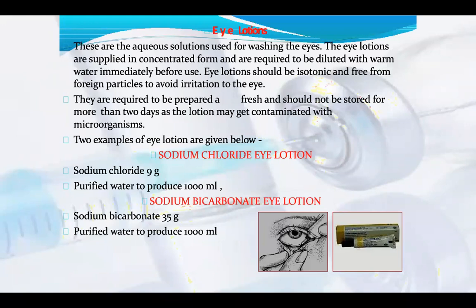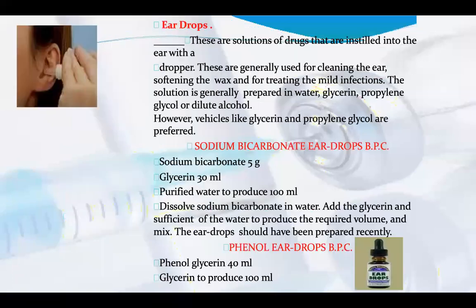Eye lotion should be isotonic and free from foreign particles to avoid irritation to the eye. They are required to be prepared fresh and should not be stored for more than 2 days, as the lotion may get contaminated with microorganisms. So there are sodium chloride eye lotion and sodium bicarbonate eye lotions.